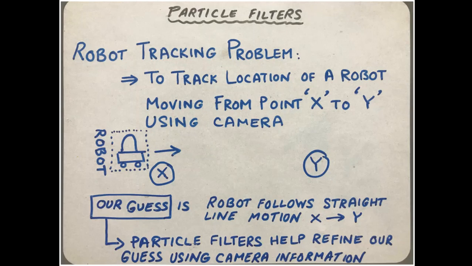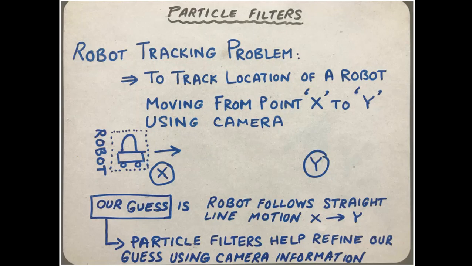The simplest guess would be that the robot is going to follow a straight line motion. So it's going to go from point X to somewhere close to point Y by following a straight line, right? And so this is our guess.